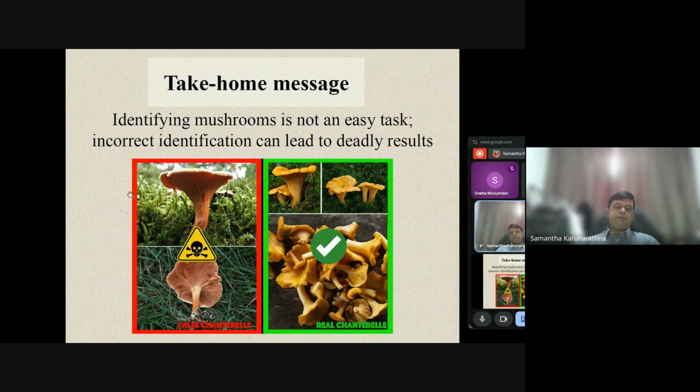So these are the main tropical genera that you see mostly in the field. I'm not going into much detail, but I believe I mentioned the most important characteristics you need to consider when you identify mushrooms.